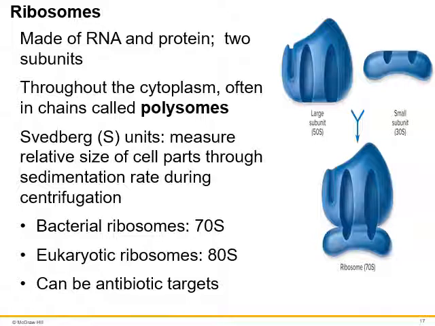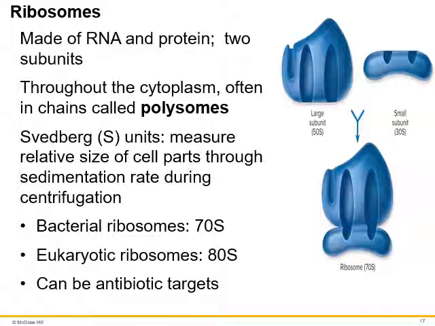But besides mass factoring into how fast they pass through that field, there's another factor: air resistance, the shape of the cell. When you combine those two criteria, you come up with the Svedberg unit.